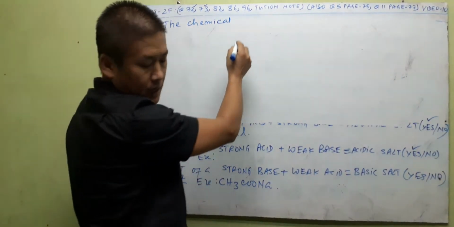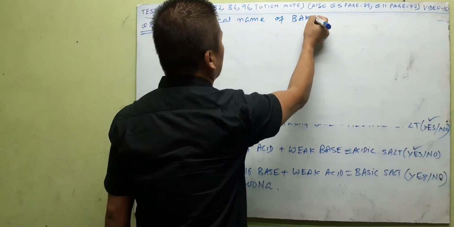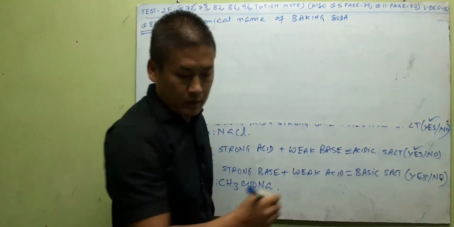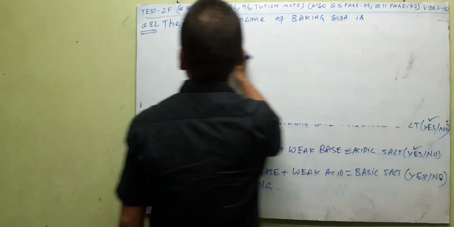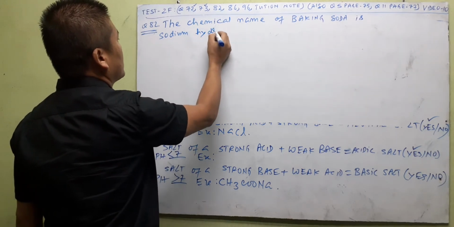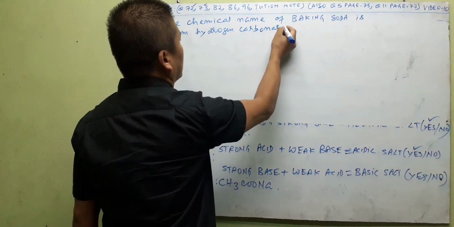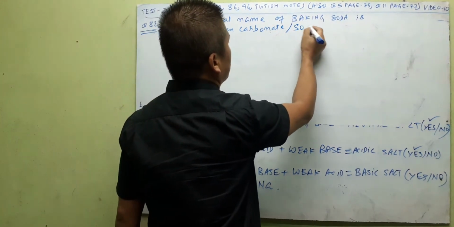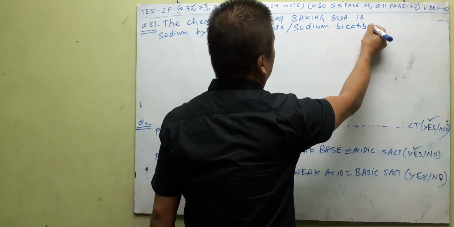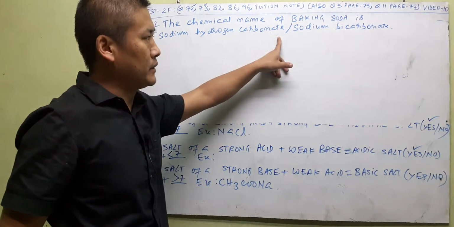Chemical name of baking soda, used in baking cake, bread and all, is, know this one today, sodium hydrogen carbonate, or you will also see it like this in some textbooks, sodium bicarbonate, because bicarbonate ion and hydrogen carbonate ion are one and the same thing.